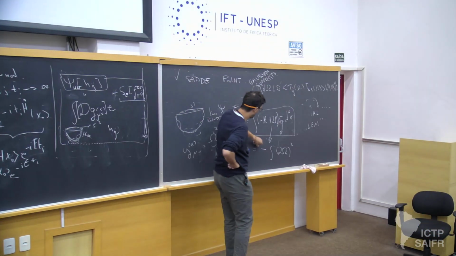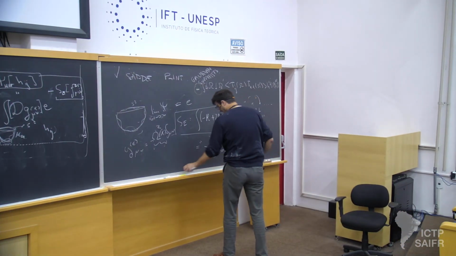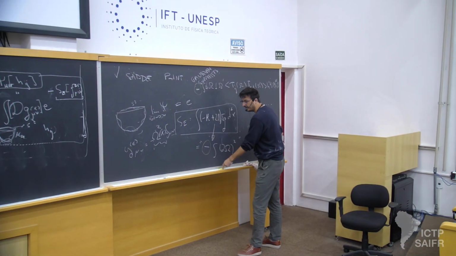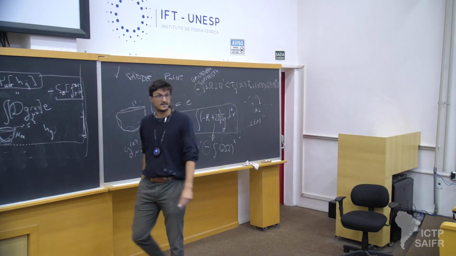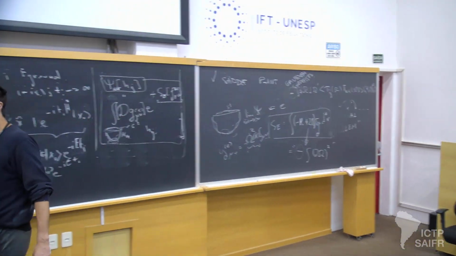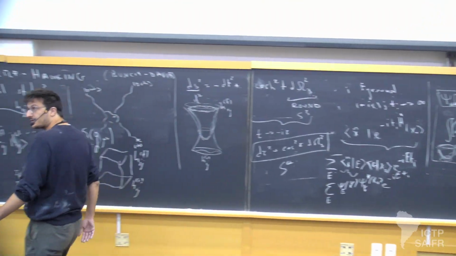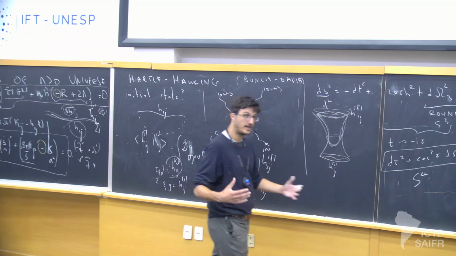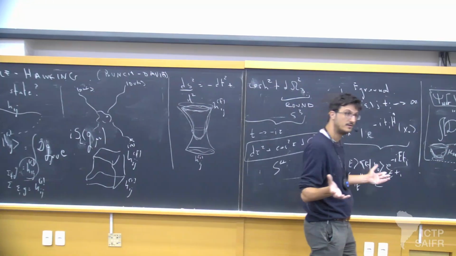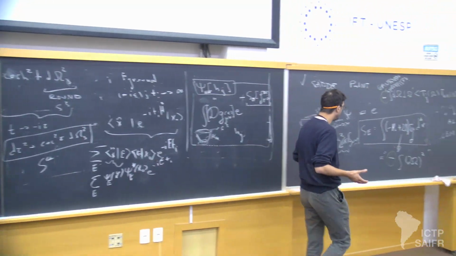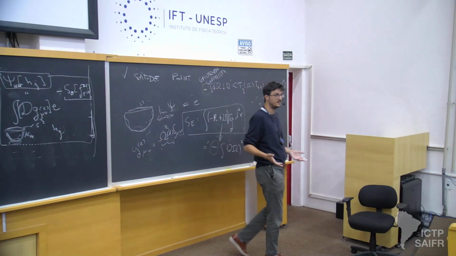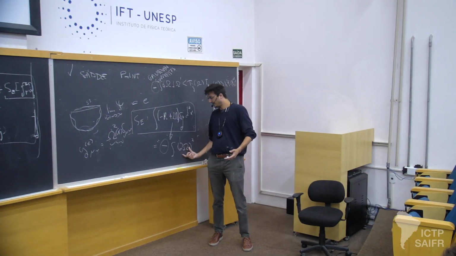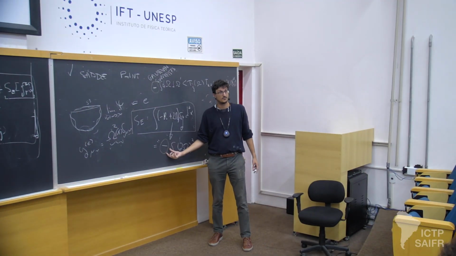I'll just write it schematically to emphasize the salient feature: it is the wrong sign kinetic term. So the Euclidean action as a function of general configurations is not positive, period. It has arbitrarily negative contributions.